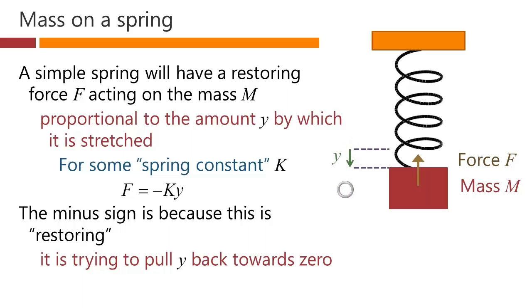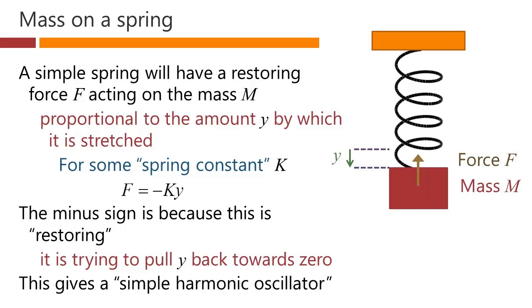If we extend by y in this direction, the force is pointing in the opposite direction. It's trending to reduce the amount of stretch that we put in, the amount we displaced. It's trying to take us back towards the equilibrium point we started at here. Taken together, this gives a simple harmonic oscillator.